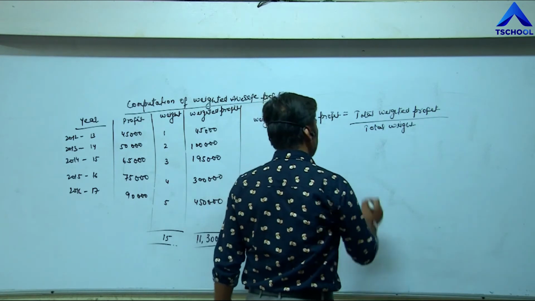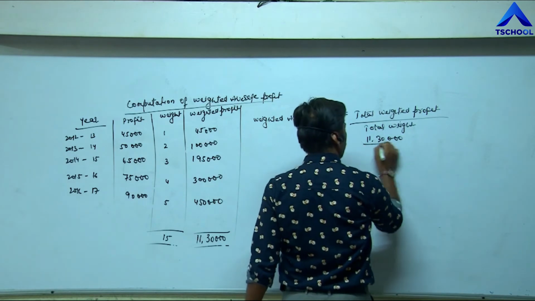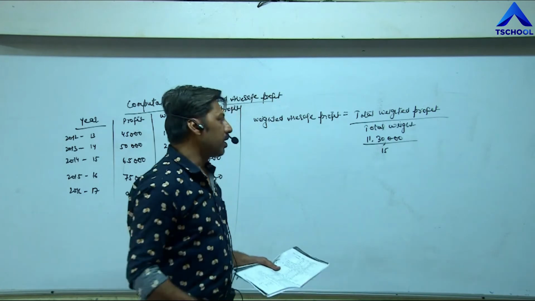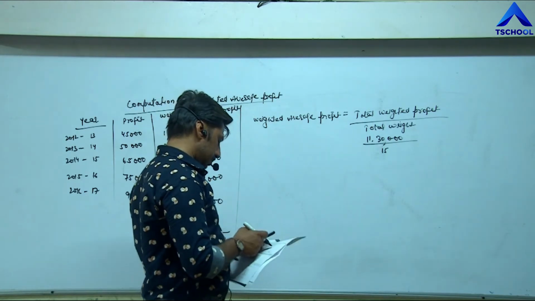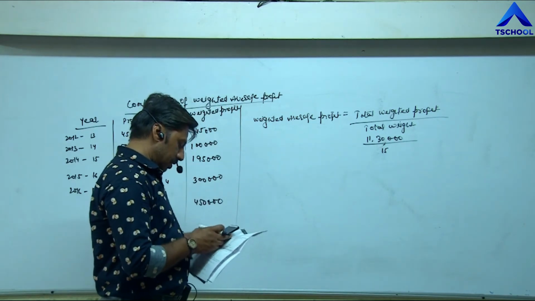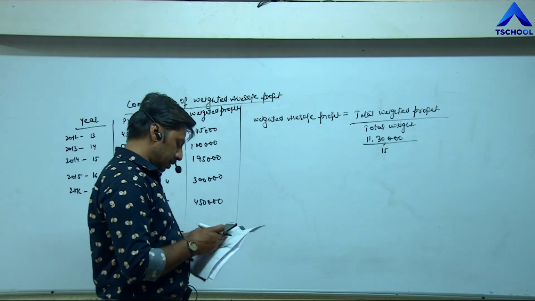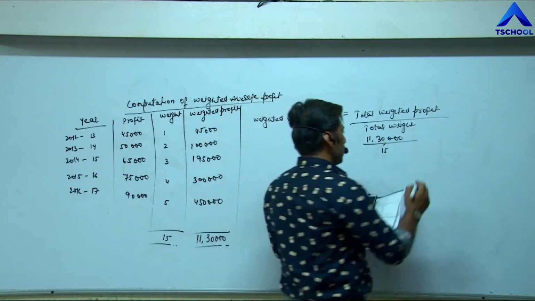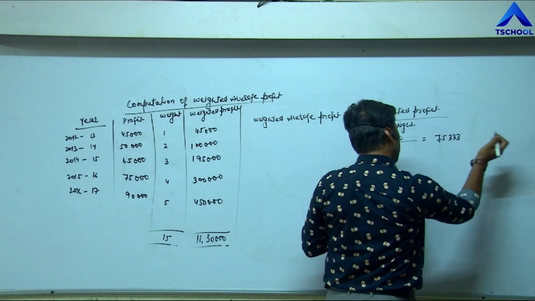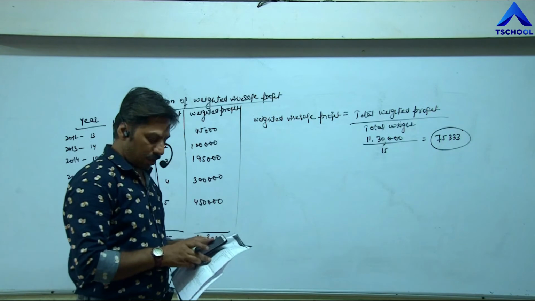Total weighted profit is 11 lakh 30,000 and total weight is 15. So 11,30,000 divided by 15 is equal to 75,333.333. So we will take 75,333. This is weighted average profit.